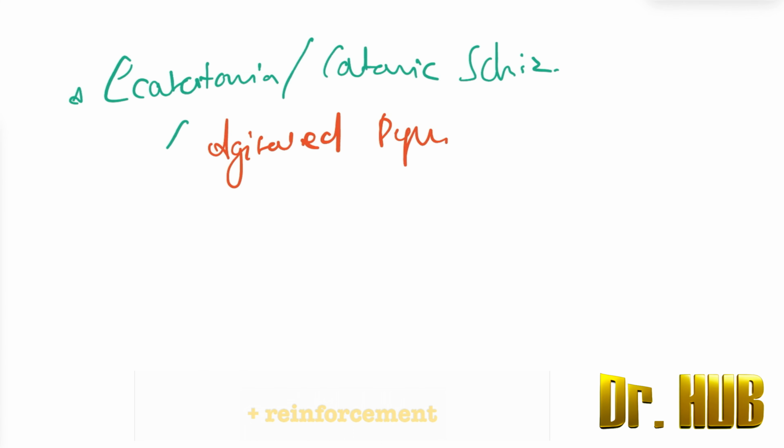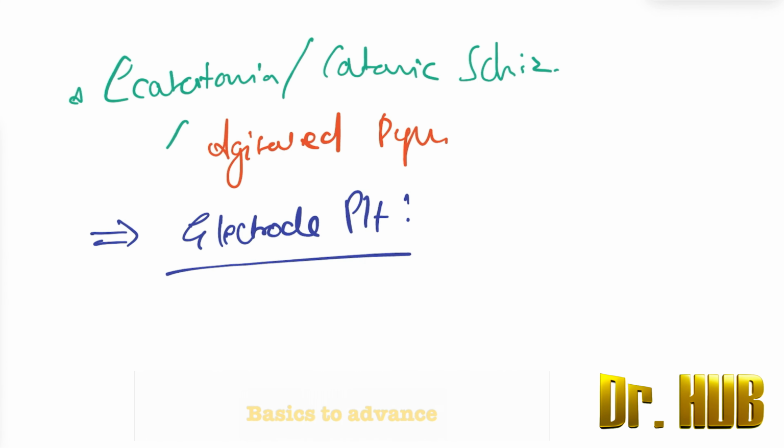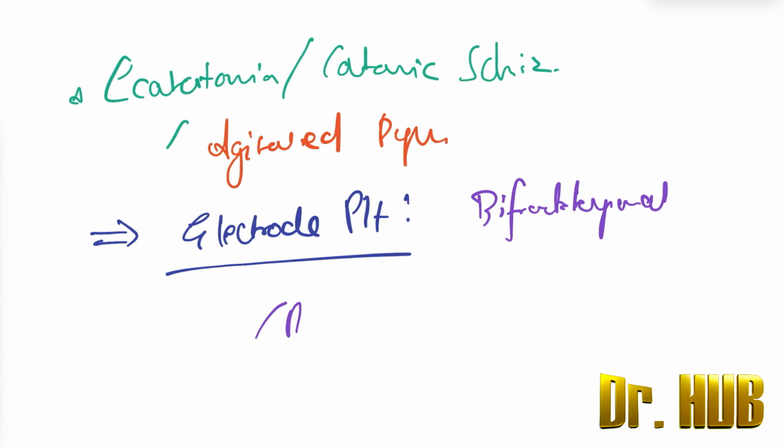Here we need to know where the electrode placement is done. We are going to look at the electrode placement. The electrode placement is done in the bifrontotemporal region as well as the right unilateral region.